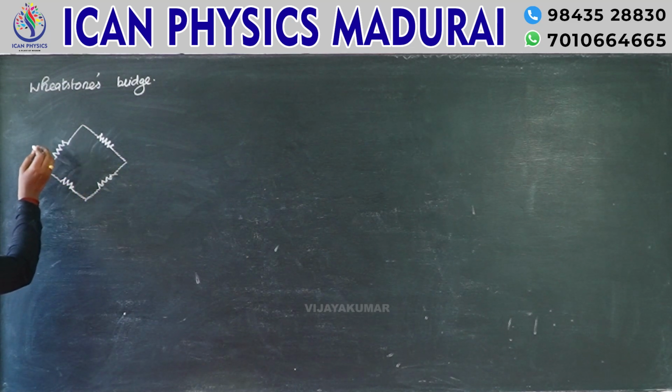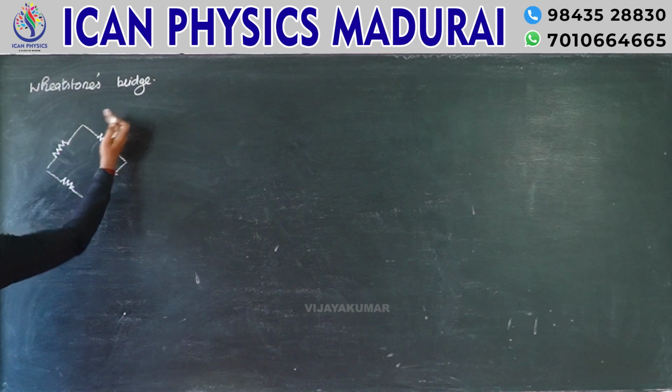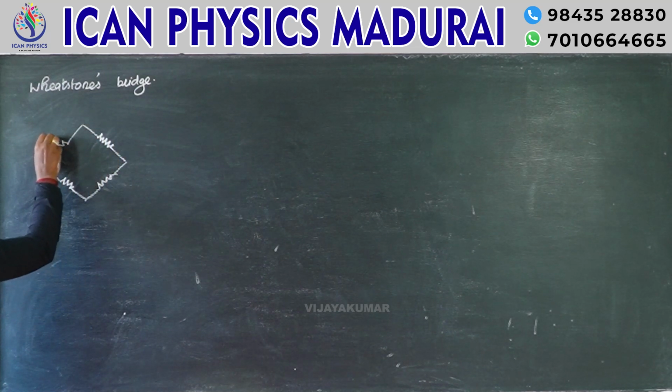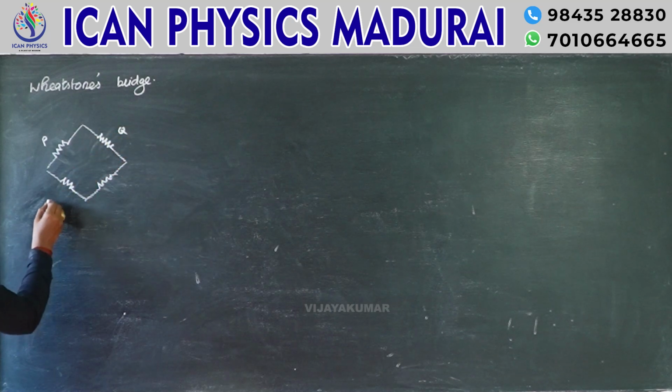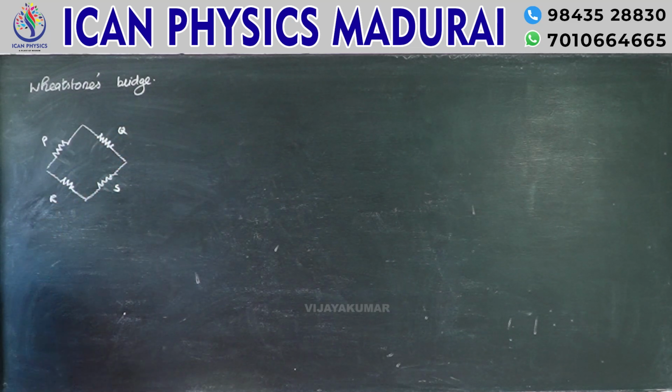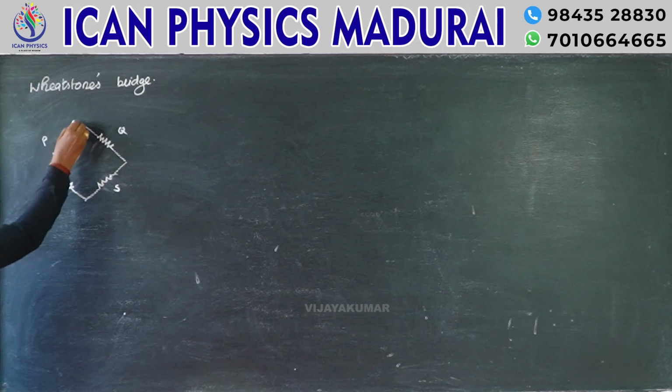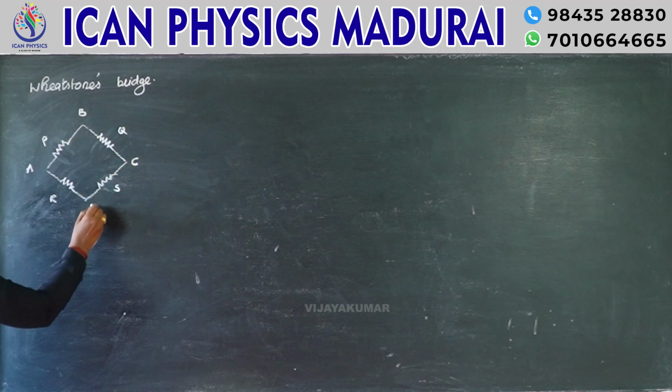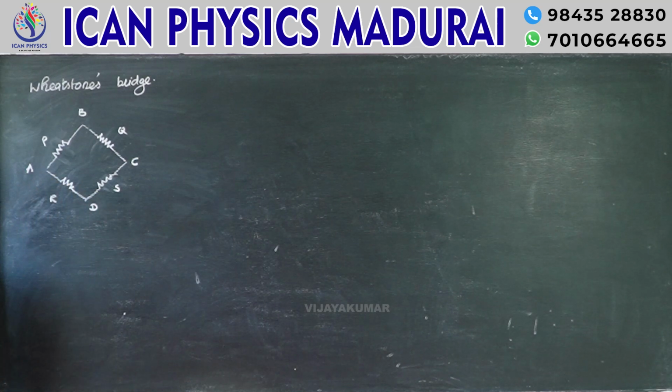So now give the names to the resistances: P, Q, R, S. Now give the names to the junctions: A, B, C and D.